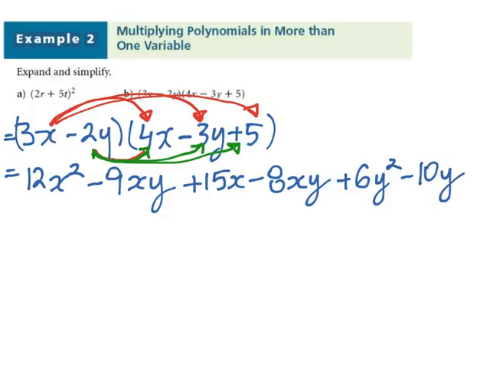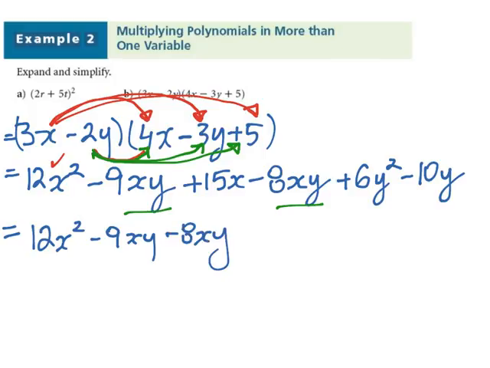Now we have to see if we could collect like terms. Let's see which are like terms. We know that the x and y terms are like terms if they have the same letters and the same exponents. So let's collect them. We have 12x squared, so we'll check that off. Then we're going to collect the 9xy and put it right next to negative 8xy.